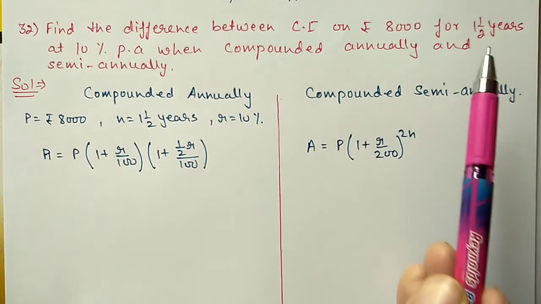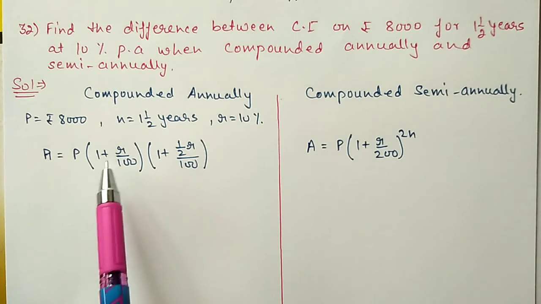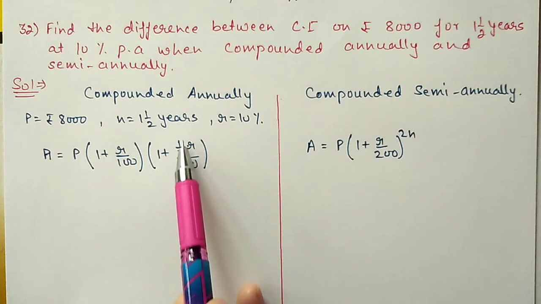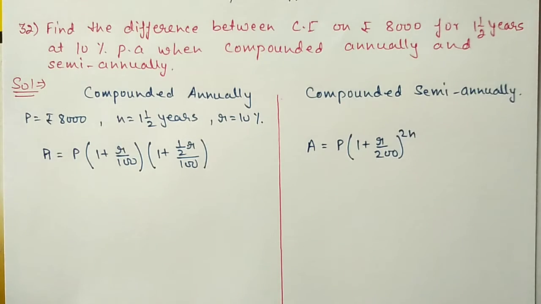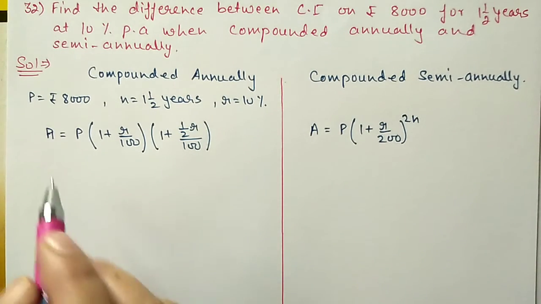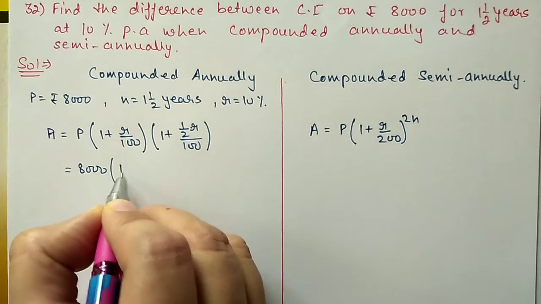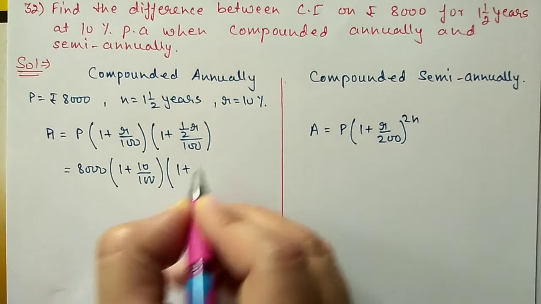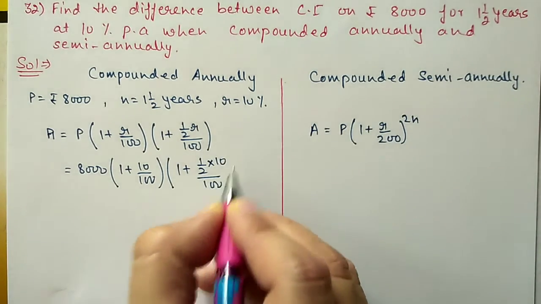Here, because time is given in fraction, 1.5 years, we'll use this formula: P (1 plus R by 100), (1 plus half R by 100). Or you can find it another way also. First we will substitute values here. 8000 (1 plus 10 by 100), (1 plus half of 10 by 100).